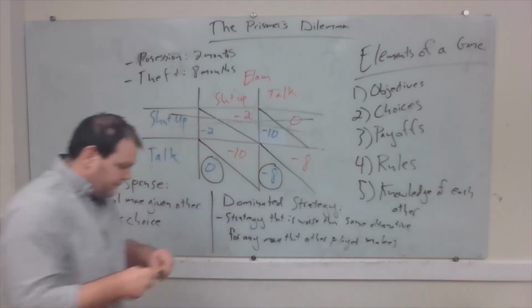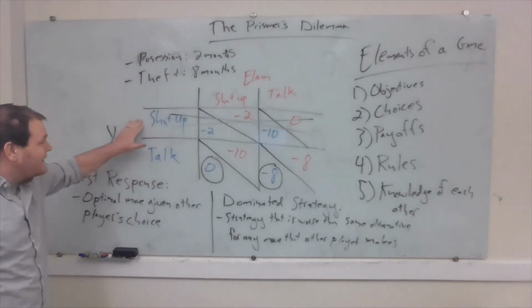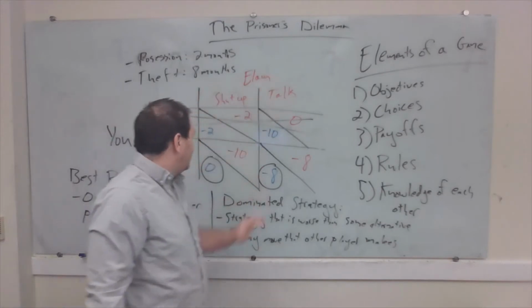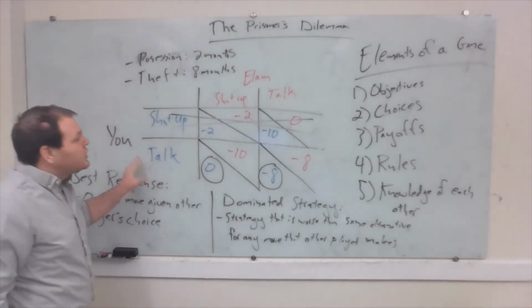So, if there's a strategy that's dominated, like in this case, the strategy of shut up is dominated, then it doesn't matter what you think Elam's going to do, your best move is going to be to talk. So that's your perspective.